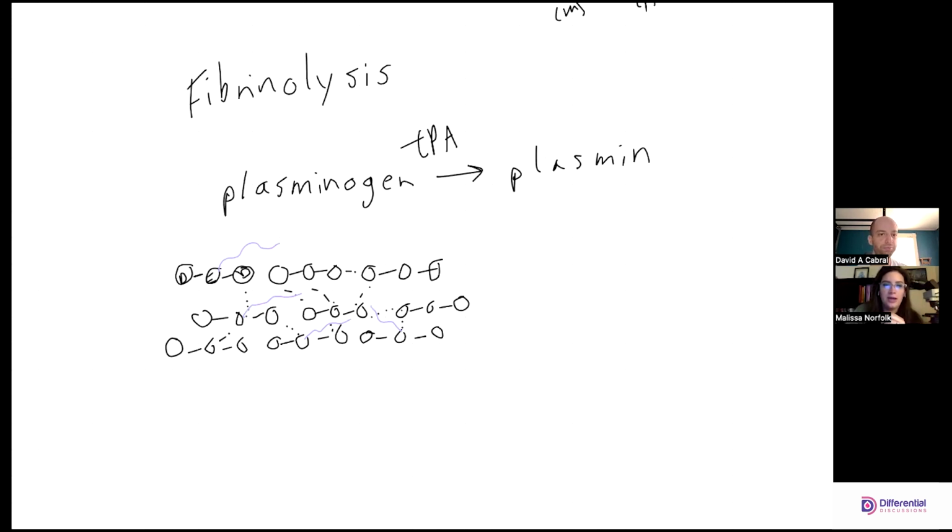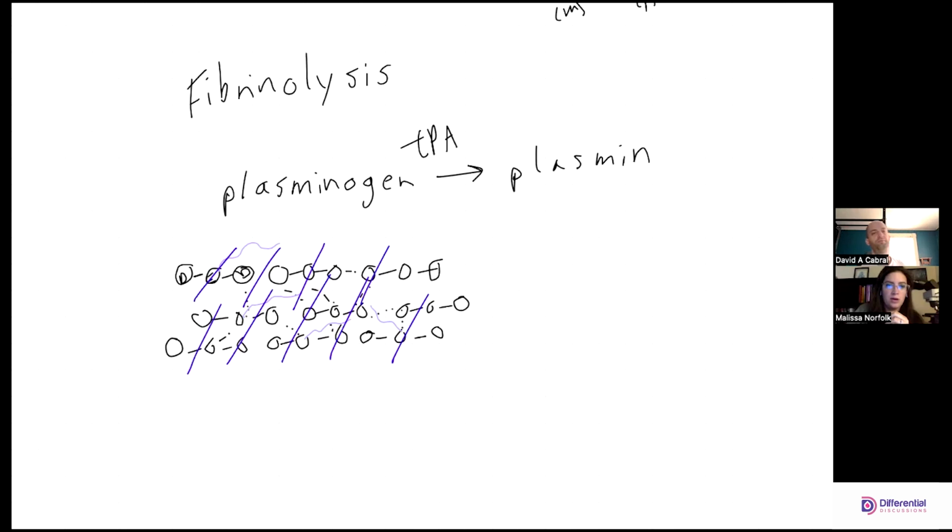And so once we activate plasminogen into plasmin, now we're going to go through the process of going hiya, hiya, hiya. Cleaves. Yep. We're going to cut up that clot that forms. Plot, you did your job. Bye-bye. So that is that process.